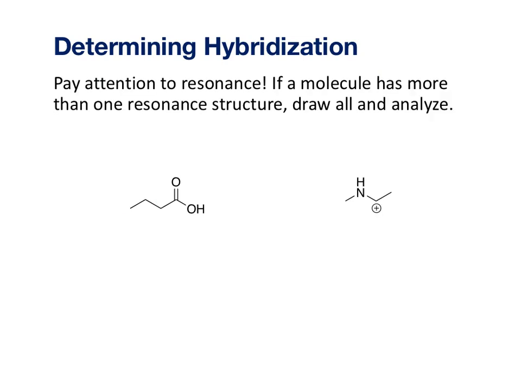As we built on our model of hybridization, we learned that it's really important to pay attention to resonance structures. And if the atom you're looking at for hybridization is involved in resonance, you really need to look at it carefully to figure out hybridization. So for example, in this first structure here, this oxygen has 2 lone pairs.